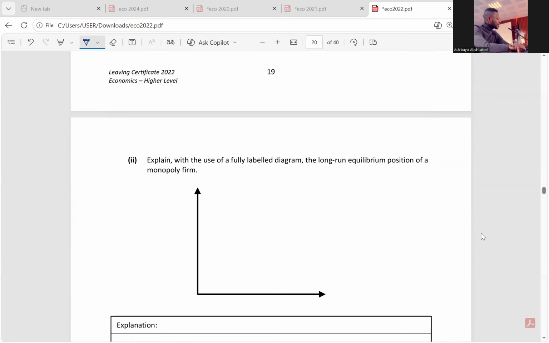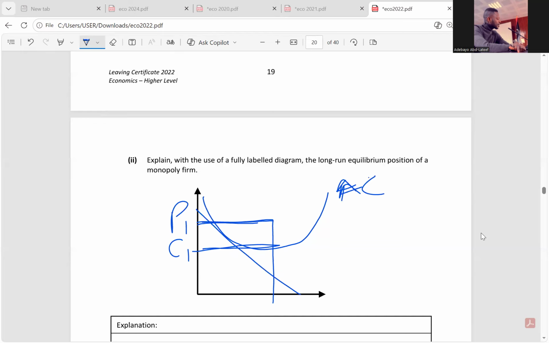A monopoly is not an oligopoly. Label P1, C1, AC, AR, MR, and MC.